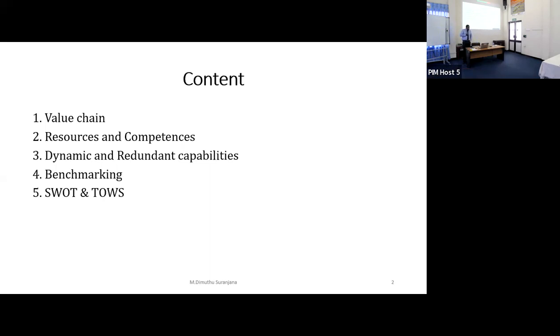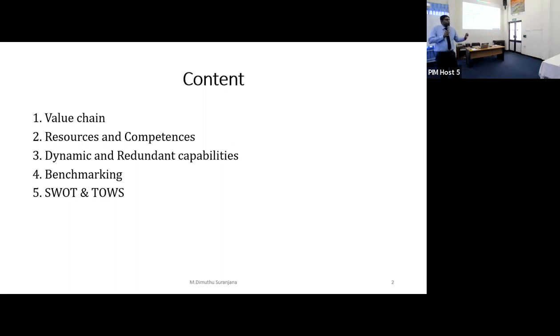Now, within this particular topic, I'm going to look at 5 main areas: value chain, resources and competences, dynamic and redundant capabilities, then benchmarking. Then finally, I will look at SWOT and TOWS also. Actually, SWOT and TOWS are not only internal environment analysis.